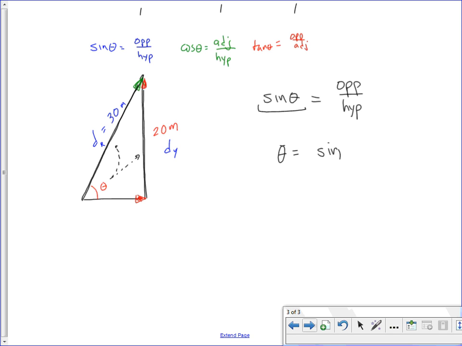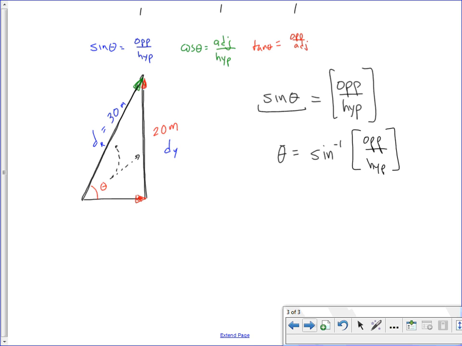The inverse sine, there's a -1. So if the sine of theta is defined to be this ratio, then theta is defined to be what we call the inverse sine of that ratio.